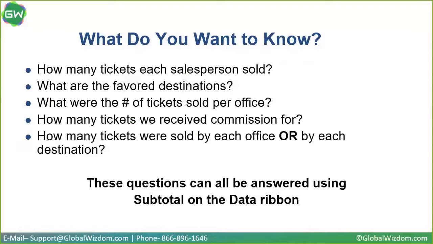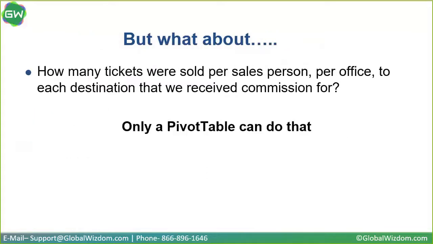If you've worked at all with Excel's subtotal tool on the data ribbon, you'll know that all of those questions can be satisfied by using the subtotal command, because we have one quantitative field and one descriptive field, and subtotal can do that. But if I wanted to know how many tickets were sold per salesperson, per office, to each destination that we paid commission on, well, folks, only a pivot table can do that.